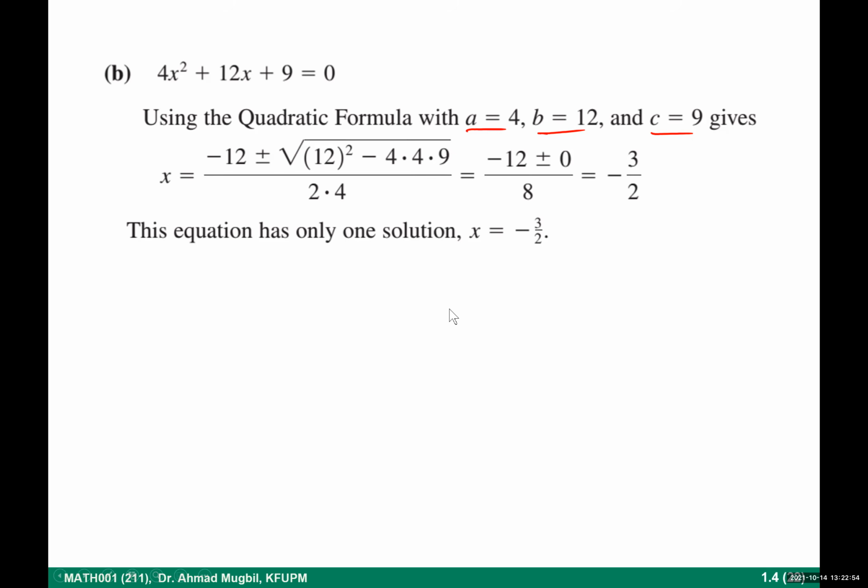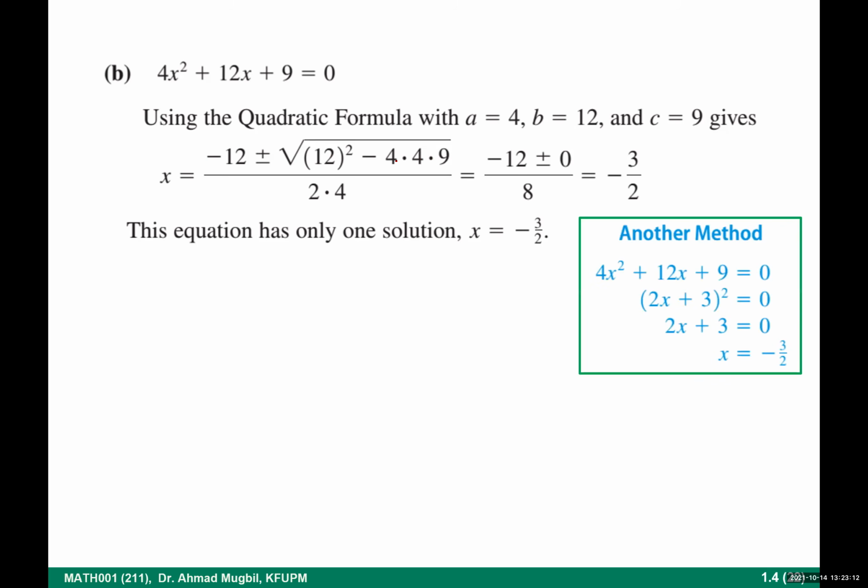By the way, it wasn't necessary here to use the quadratic formula because we can factor this. Do you know? Look here, we have negative, positive, square root, 12 squared, negative. But if you factor from the beginning, look how easy it is. Look at the left-hand side.